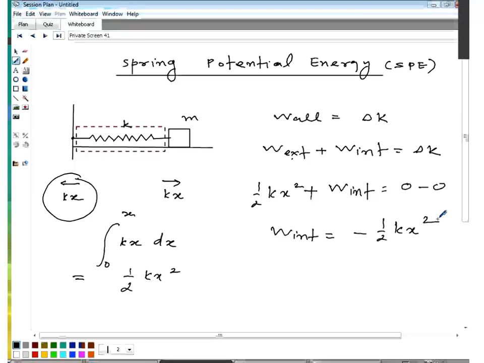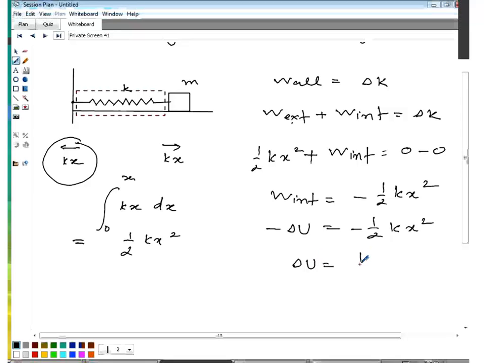And this internal means it is conservative internal. It is W CI. But W CI is minus delta U from the definition. So delta U is half kx square.